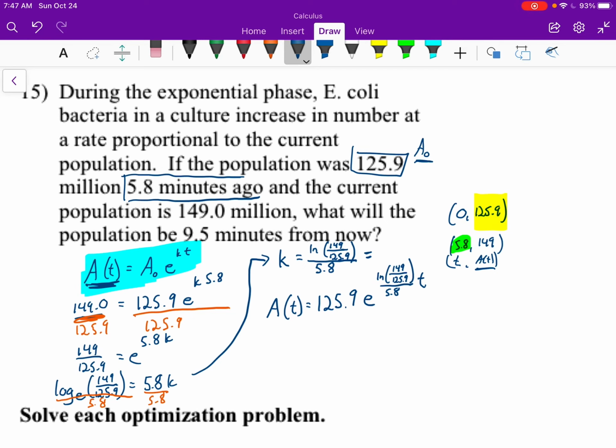It said, what will the population be in 9.5 minutes? That's A of 9.5. We're going to plug this in: 125.9 e to the whatever this weird fraction is. I'll write it out again since I didn't calculate it yet.